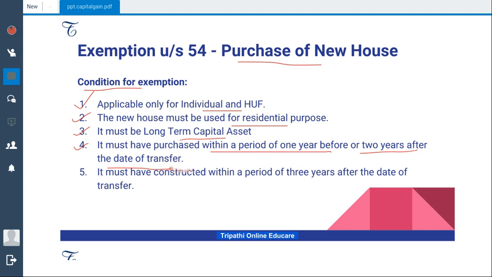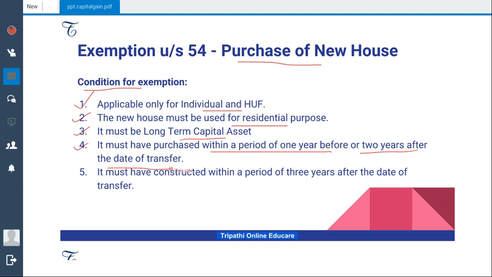Let's say if you're going to transfer today, you must have purchased the new house maybe 1 year before today or 2 years after today. Today you're selling this house, no? Today you're transferring this house. So the condition says you can get this exemption if you would have purchased this house 1 year before or 2 years after the date of transfer.